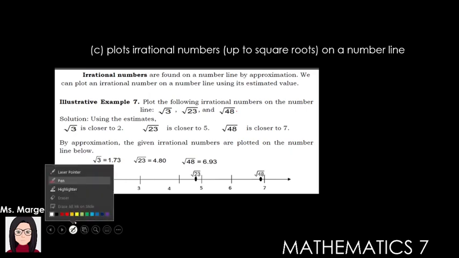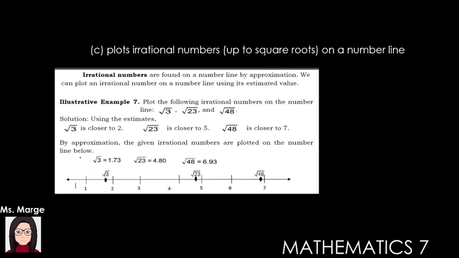Kung mapapansin nyo rito, ginagamit na natin yung concept ng square roots. Square root of 3 is closer to 2. Why? Kasi pag kinuha natin yung square root ng 3 using your calculator, actually dapat hindi ito equal sign. It should be approximation symbol.